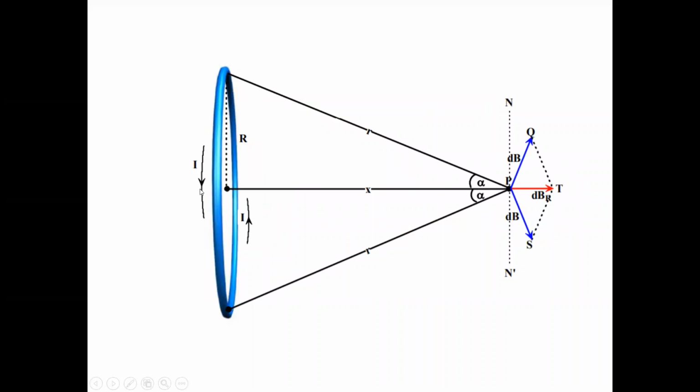This figure represents the circular coil, having radius R, and a current I is passed through it. P is a point at a distance x from the center of the circular coil, and at a distance R from the top and bottom small lengths dl.